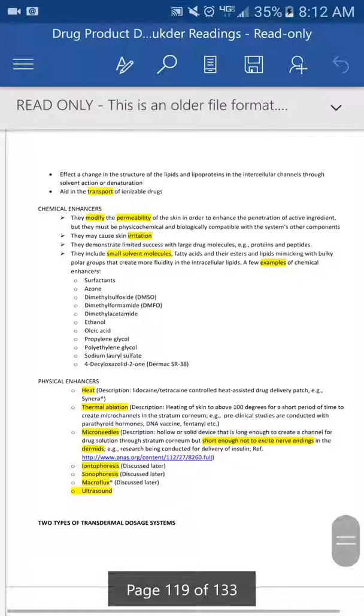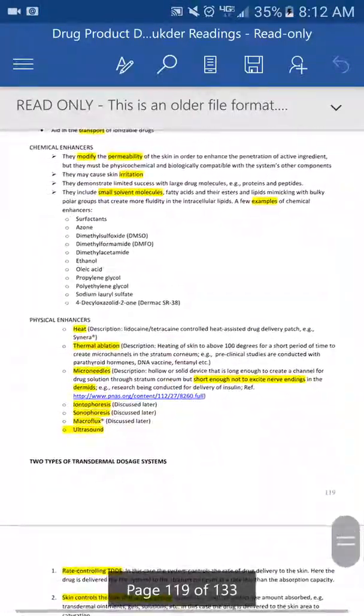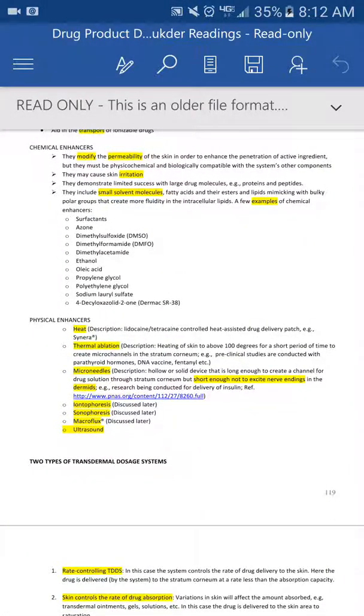Chemical enhancers modify the permeability of the skin in order to enhance the penetration of an active ingredient. You're enhancing the penetration of your active ingredient in this case.